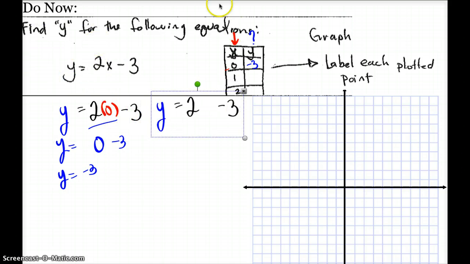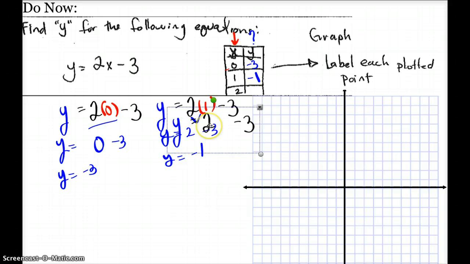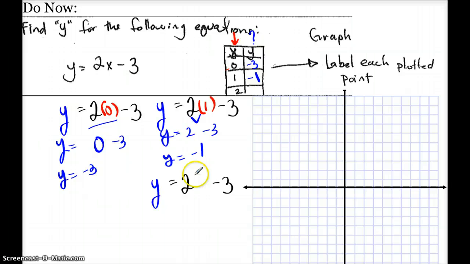We'll do it with 1, so y equals 2 times 1 is 2, minus 3, y equals negative 1. And we've got it one more time. We've got y equals 2 times 2 is 4 minus 3. Y equals 1.